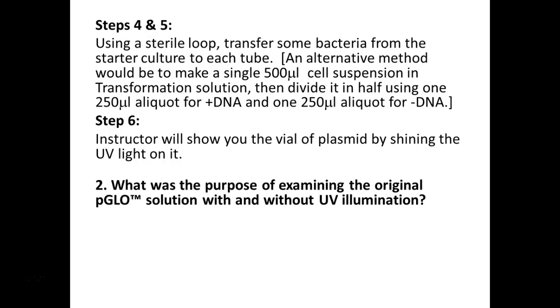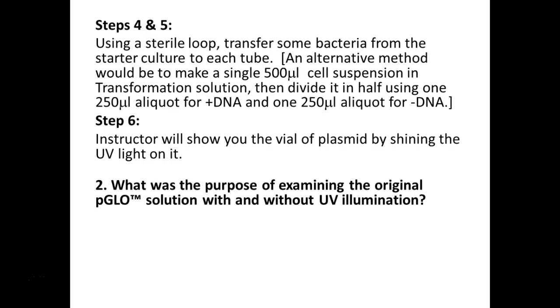Today we're doing transformation. In transformation, what do we move? Genes. In the form of what molecule? A plasmid, which is what type of molecule? DNA. So if I have DNA in that tube and I shine UV light on it, is it going to fluoresce? It should not, right?